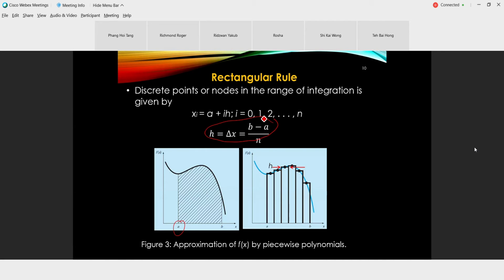So for every iteration, it's basically how many equal spaces. If you have 1, 2, 3, 4, 5, 6, it means that n equals 6. So you need to repeat 6 times, 6 times number of iteration.